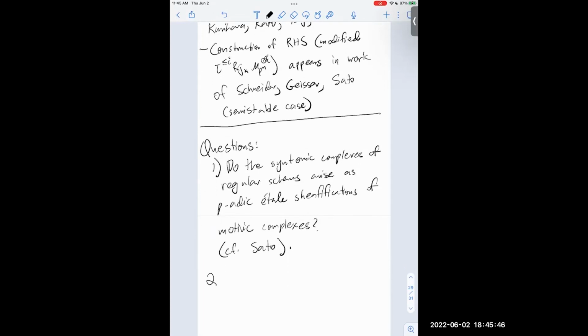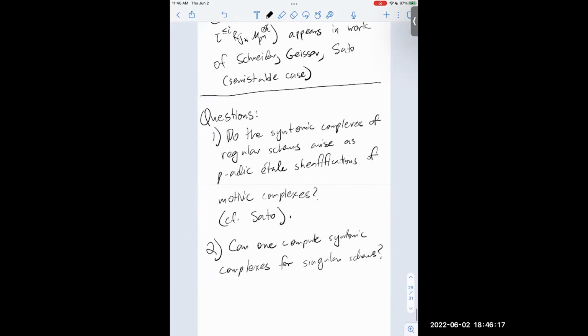Right, so another general question is, how can one compute synthomic, in a slightly different direction? So this is giving an answer for regular schemes, but I think it's an interesting question to try to compute these synthomic complexes for singular schemes, in particular in mixed characteristic.